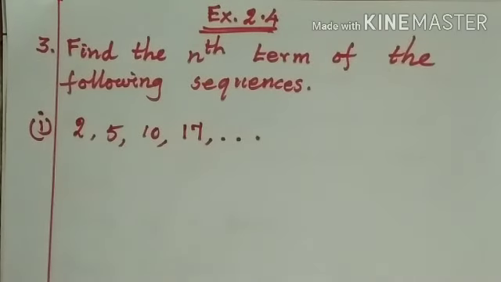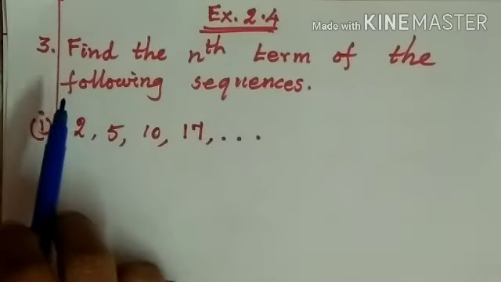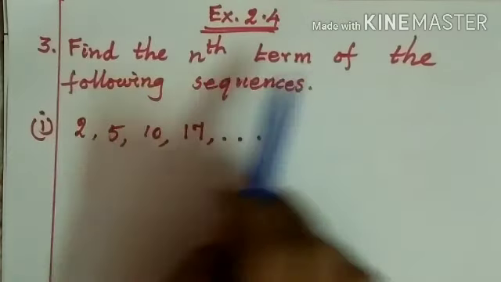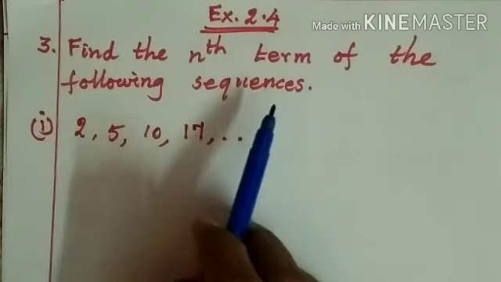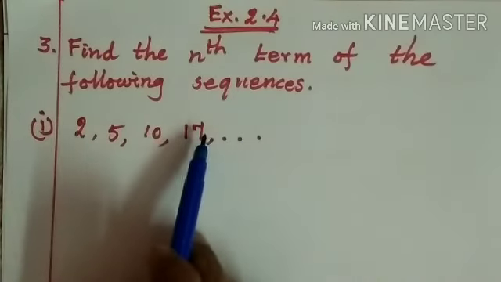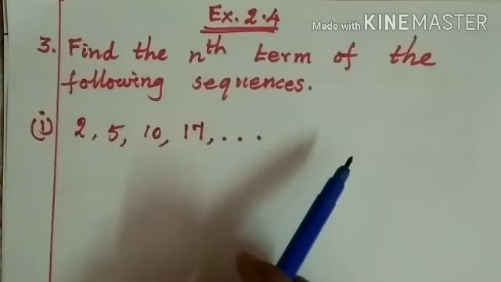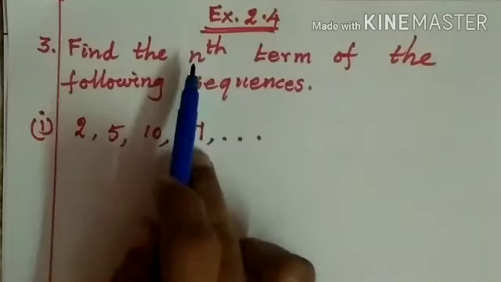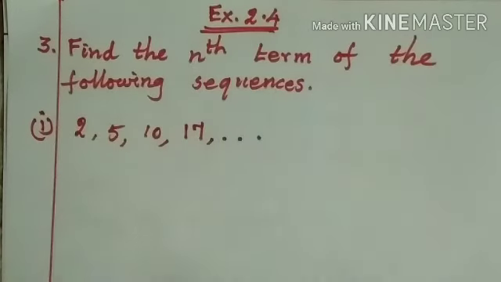Let us see exercise 2.4, third sum. See the question. Find the nth term of the following sequences. Given that 2, 5, 10, 17 and so on. In this question, a sequence is given. We have to find the nth term of the given sequence.